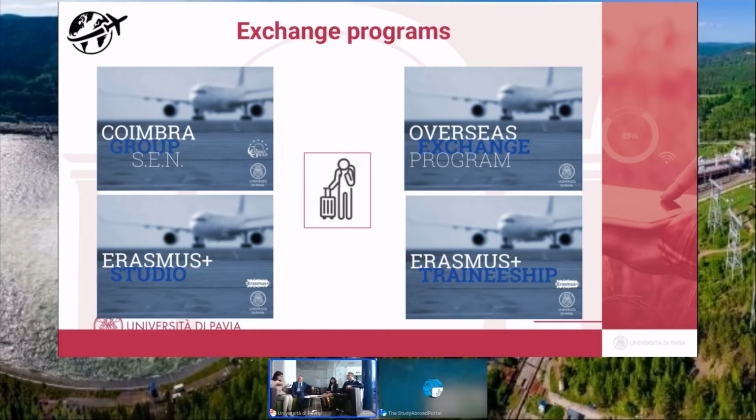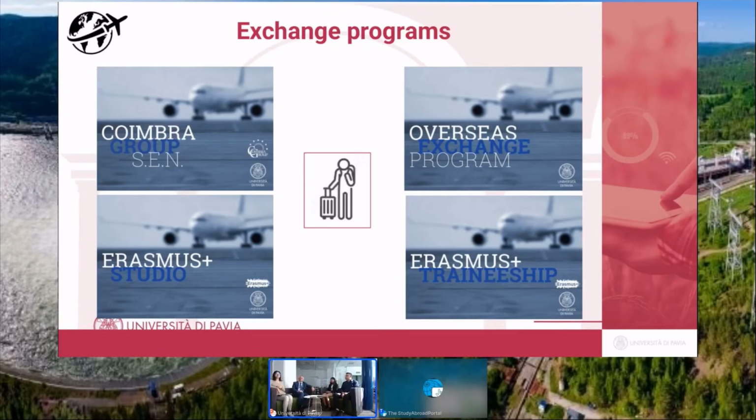Students might not need to stay here for 2 years. Maybe in the second year they will have the possibility to go to another country for 3 to 6 months as an exchange program. So it's really very interesting. They can also share experiences outside of Pavia, which is a good thing, and maybe take some different subjects which are not directly included in our master course.